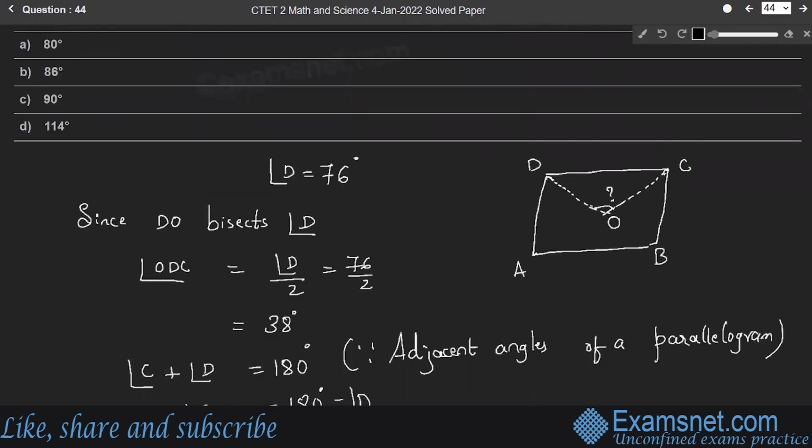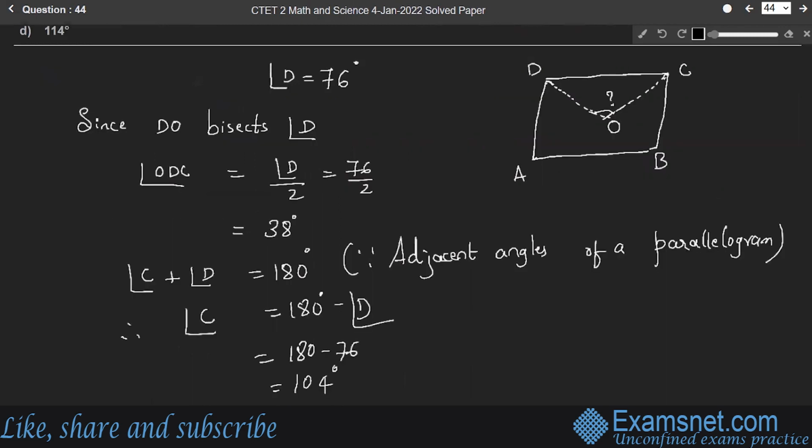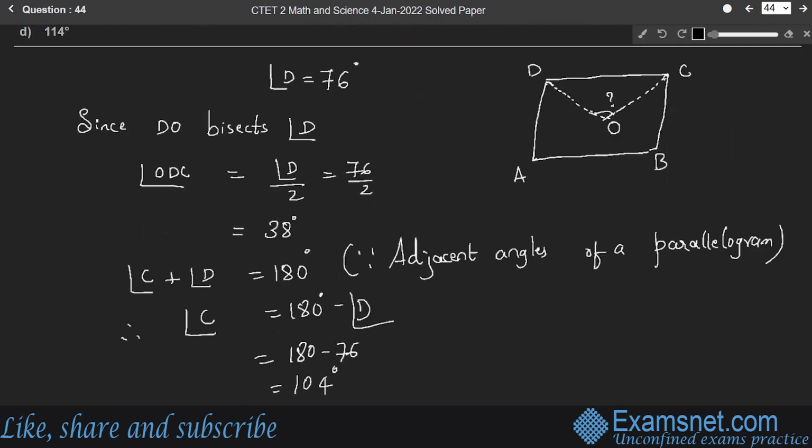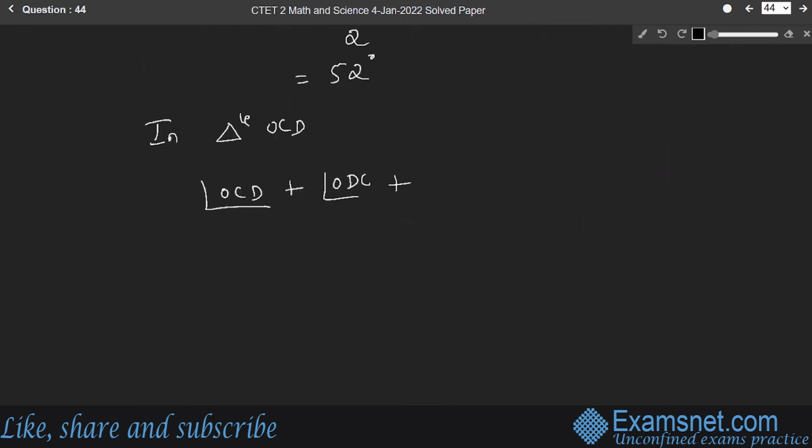Now, because of the bisectors, we have got a triangle here, OCD. So in triangle OCD, angle OCD plus angle ODC plus angle COD is equal to 180 degrees.